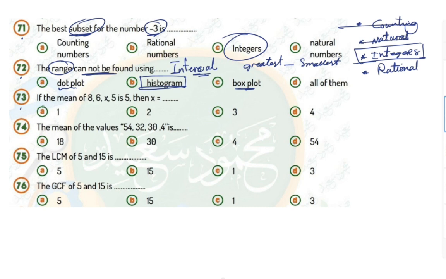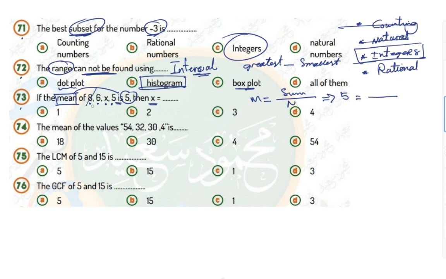73. If the mean of 8, 6, x, 5 is 5, so the mean is 5, then x equals what? We know the mean equals the sum over the number. Now, you know the mean value is 5, that's equal to the sum. I can add all of these values.